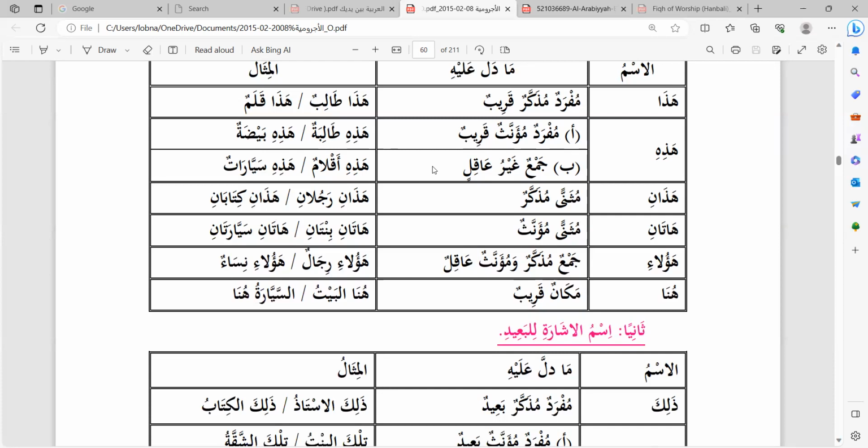For one girl, I'll say هذه بنت, this is a girl. Then هذان is the dual form for masculine. هاتان is the dual form for feminine. Is that clear?